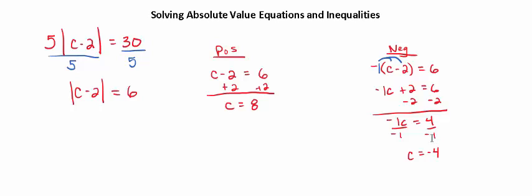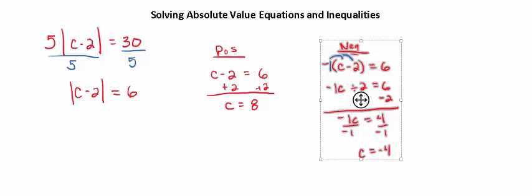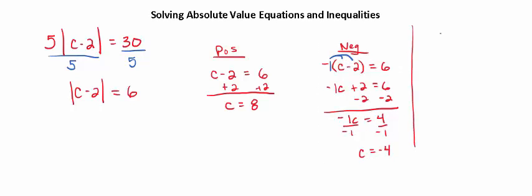Now you want to make sure that you don't forget to check your answer, so let's double check that. If I move all of this over here to give myself some room. So check.